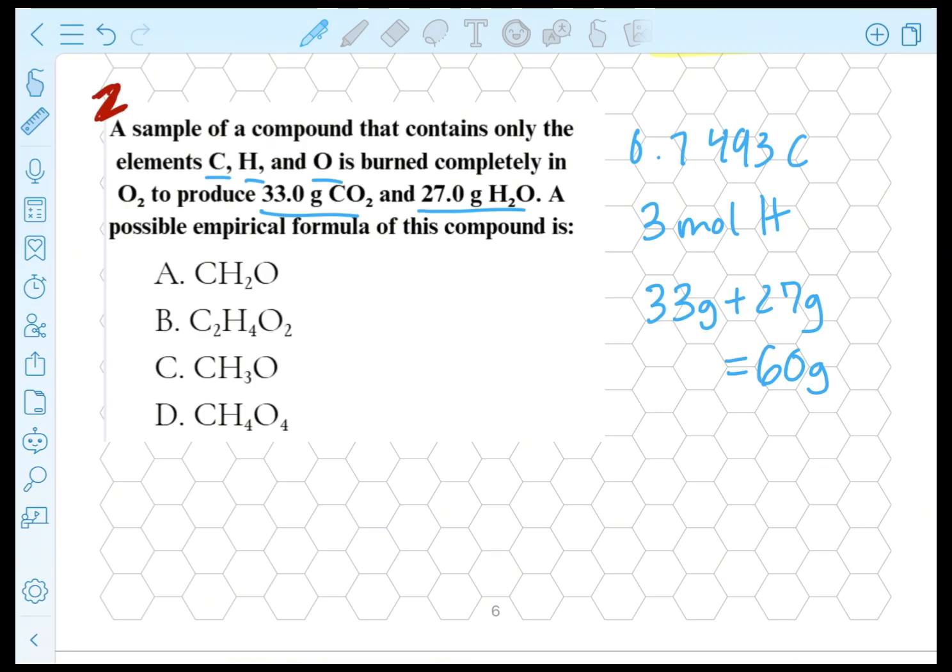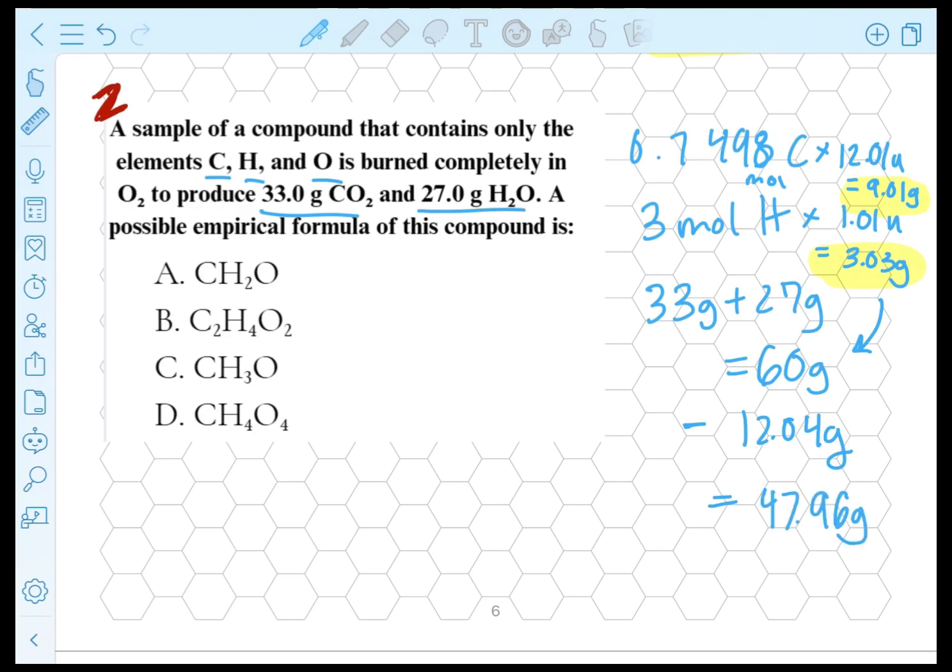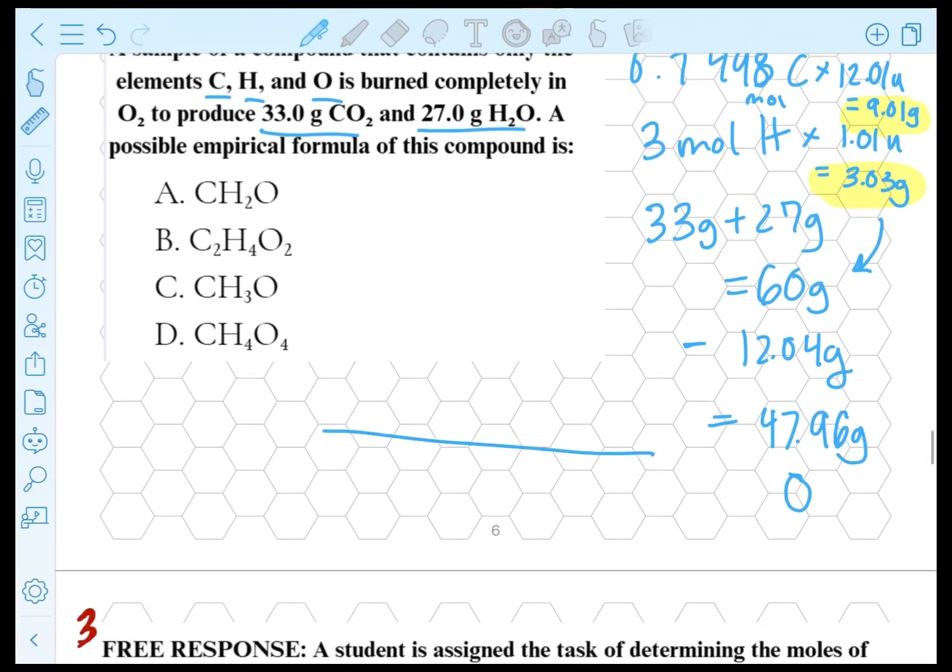Now we're going to turn these moles into grams to find out how much oxygen we have by subtracting the mass of carbon and hydrogen from the total. So if we have 0.7498 moles of carbon, that's going to be 9.01 grams of carbon. If we have 3 moles of hydrogen, that's 3.03 grams of hydrogen. Now we're going to subtract that value from 60, so it's going to be 60 minus 12.04, and that gives us 47.96 grams, which is the mass of oxygen.